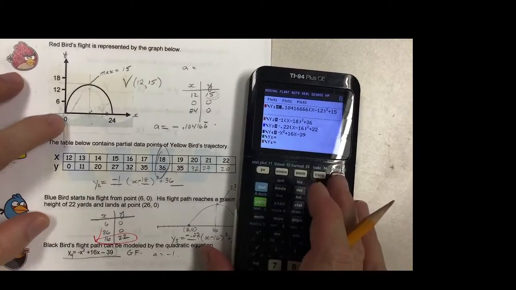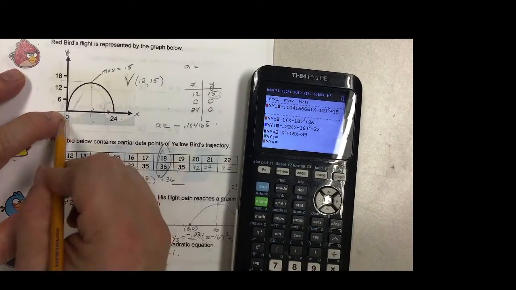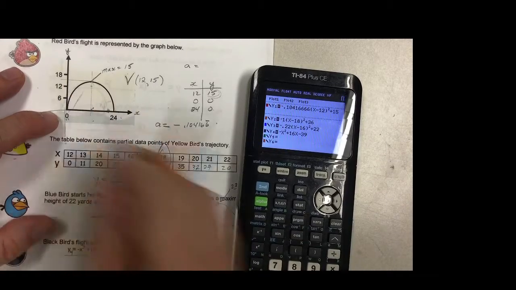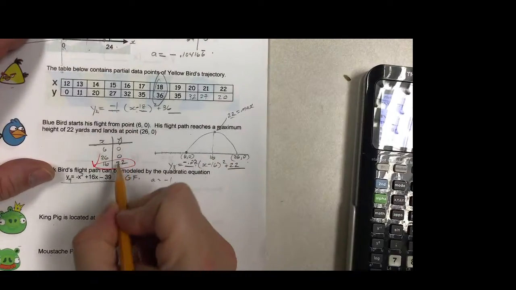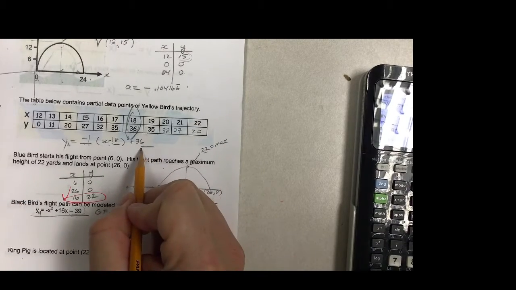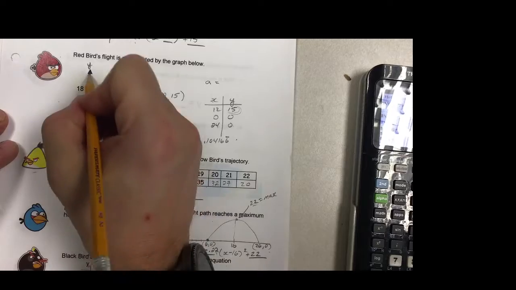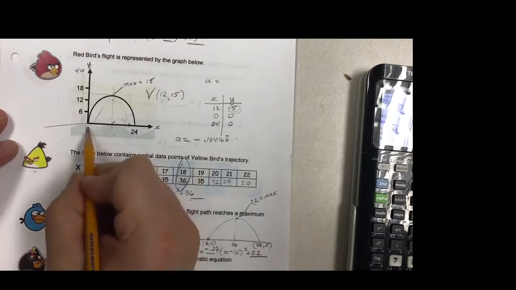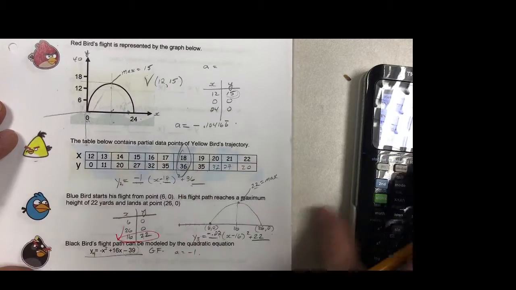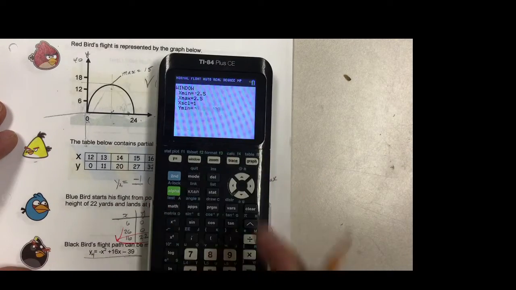And the window I'm going to set, they actually tell me some of the windows here. It goes from 0 to 24 and 0 up to 18. And I know I've got a maximum over here of 22 and a maximum here of 36. So I'm going to make this go up to about 40, and this one up to about 24, 26. How do I do that? I hit window.